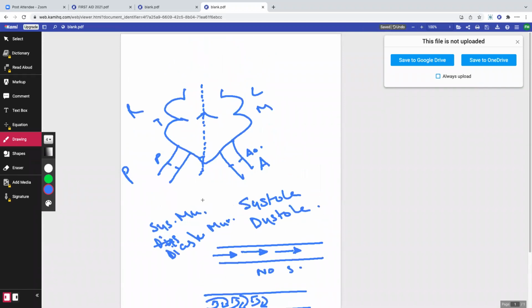So let's talk about systole first. During the systolic phase, the left ventricle will contract. For example, let's say in the mitral area, at the left fifth intercostal space in the mid-clavicular line, you do an auscultation.